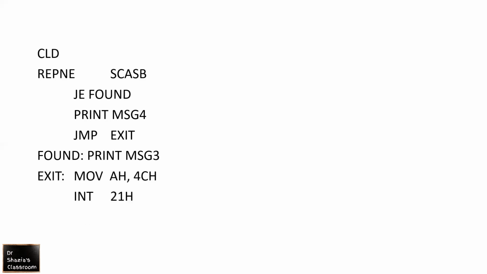So jump to exit. But if equality happens, then jump on equal to found. So what we will do here, we will print the message that the character is present, and then we are going to exit out of the program.